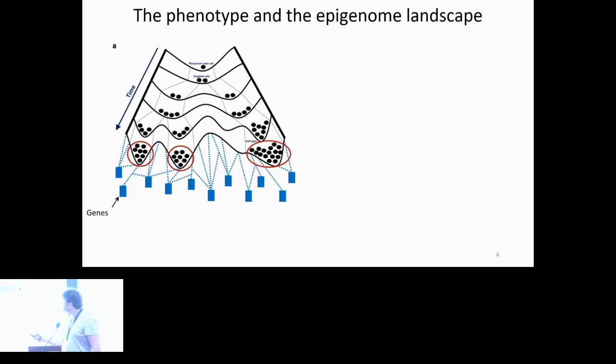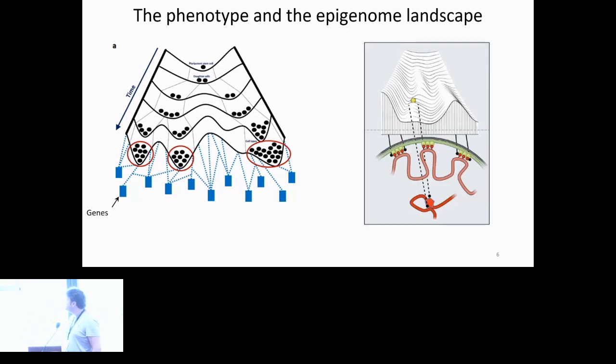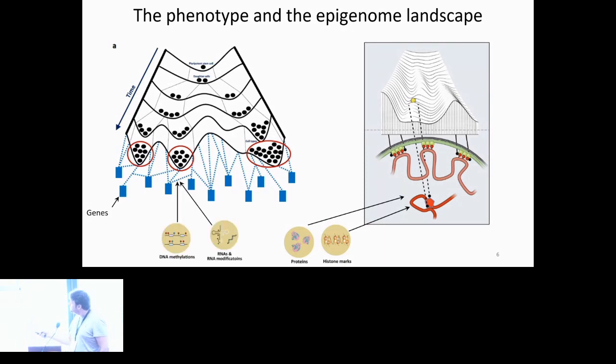Here you have genes, but these types have different chromatin structures. This chromatin structure can be explained by proteins like Polycomb or histone marks, and DNA methylation and RNA modification can explain the modification of the epigenetic landscape.